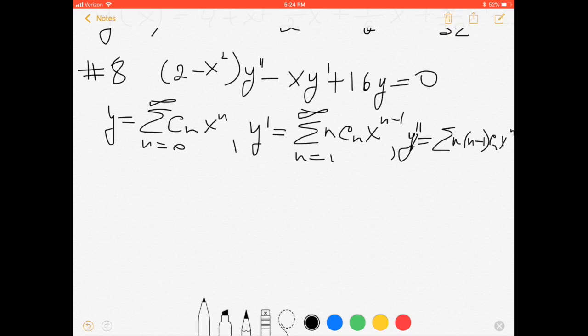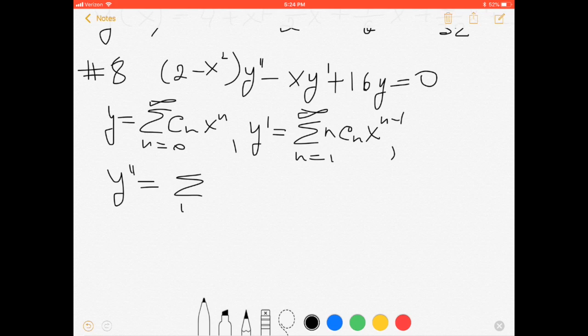I'm trying to save space, but it doesn't work. The second derivative will be a series where n starts with 2 to infinity, n(n minus 1) Cn x to the power n minus 2.